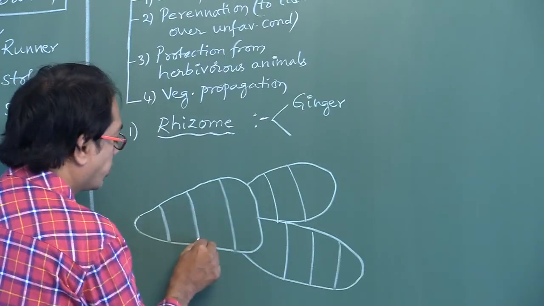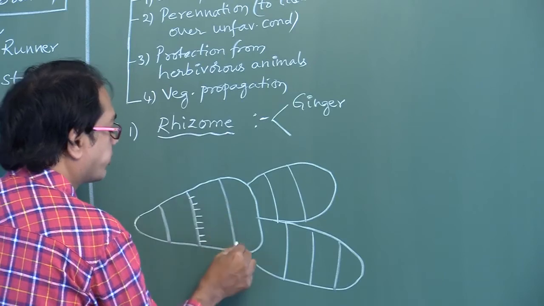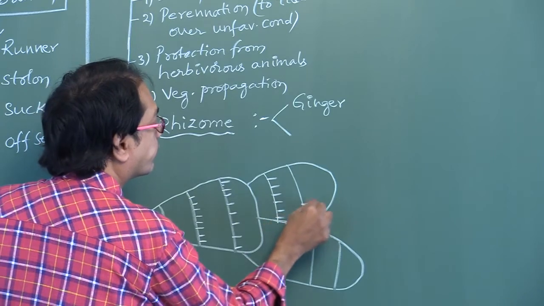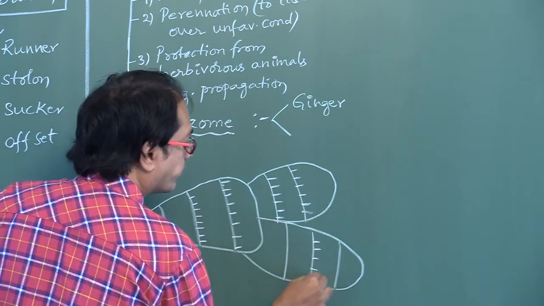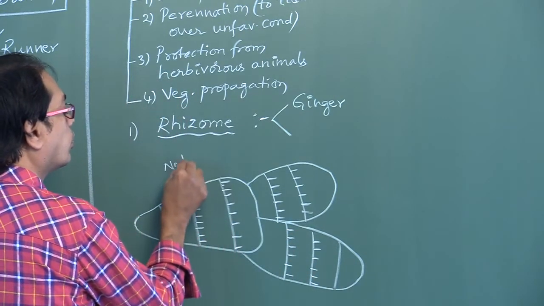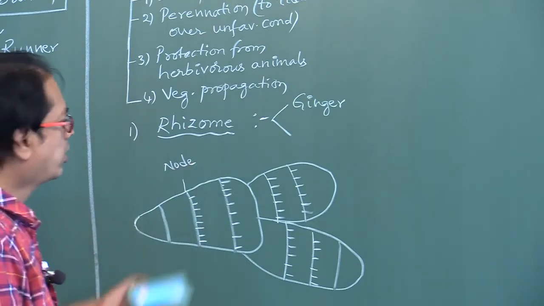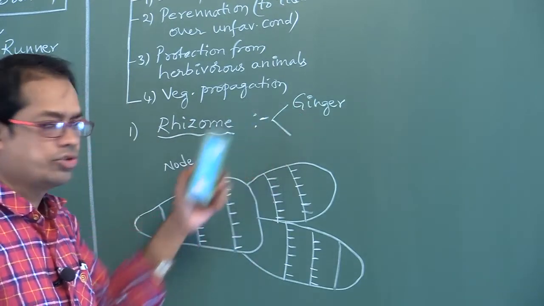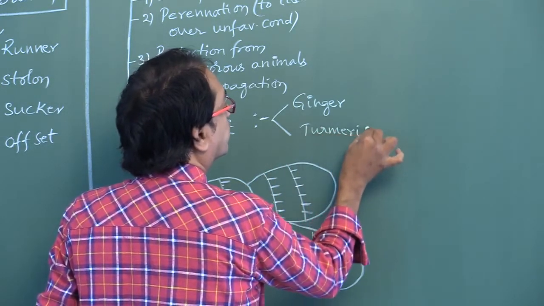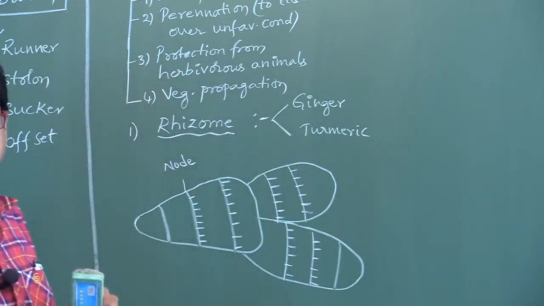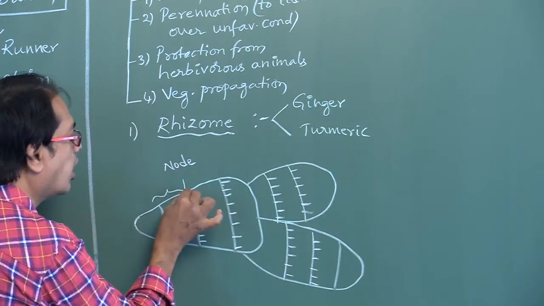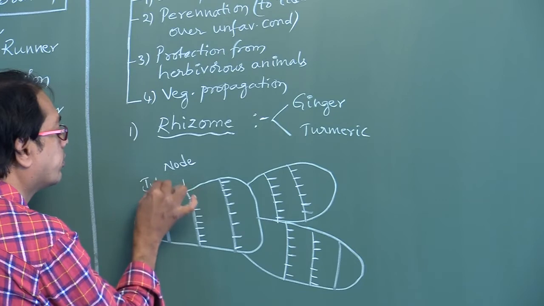At the nodes, scale leaves are present. So what are the examples of rhizome? Ginger, and next one turmeric. Right. Now the distance between two nodes is called internode.